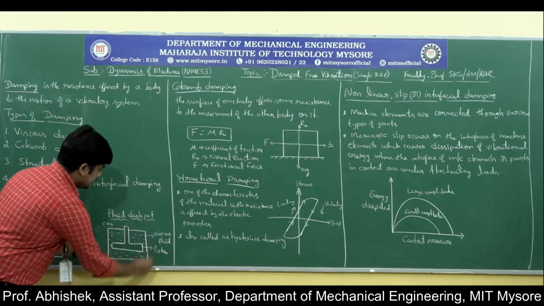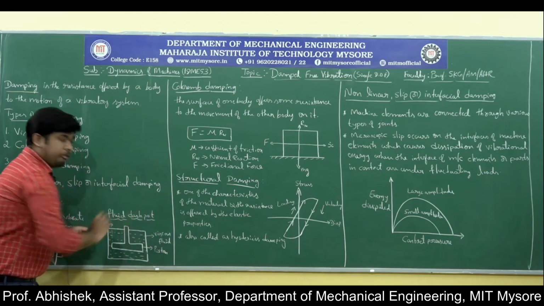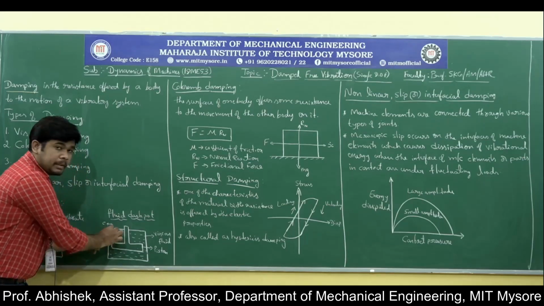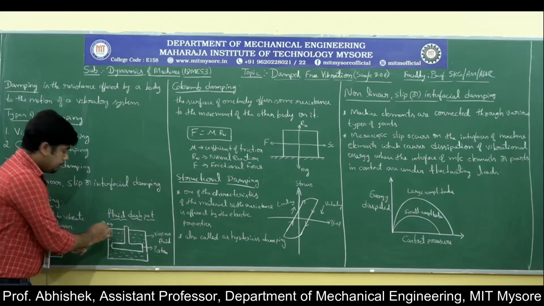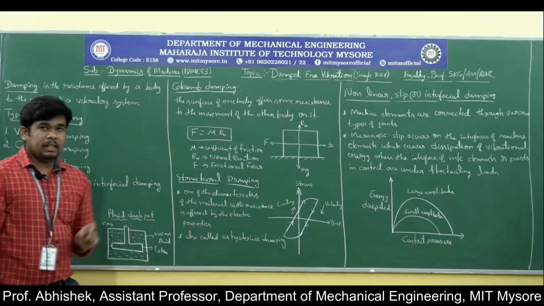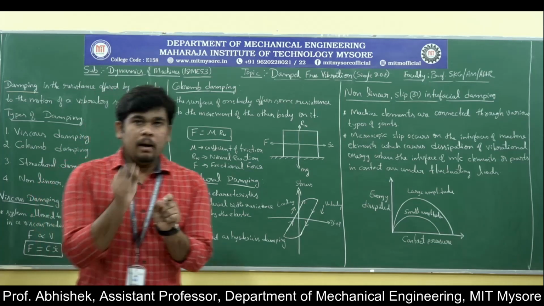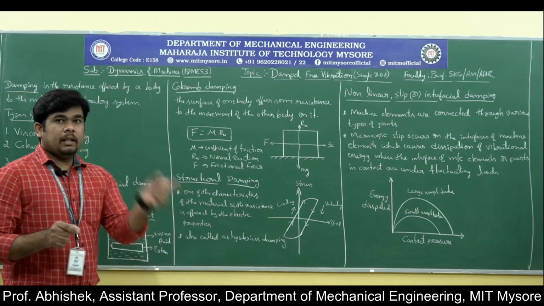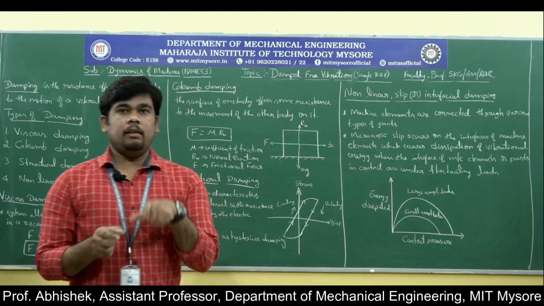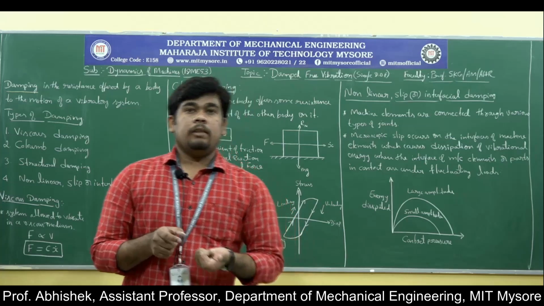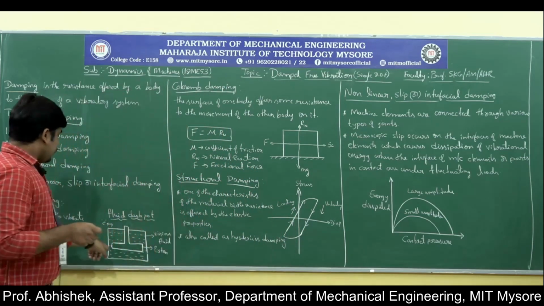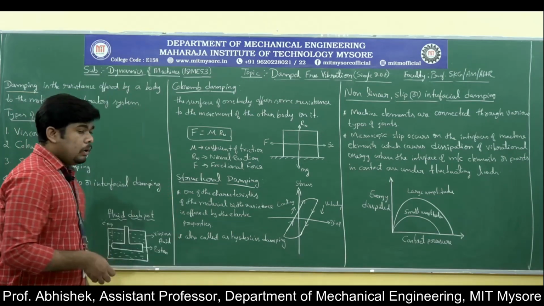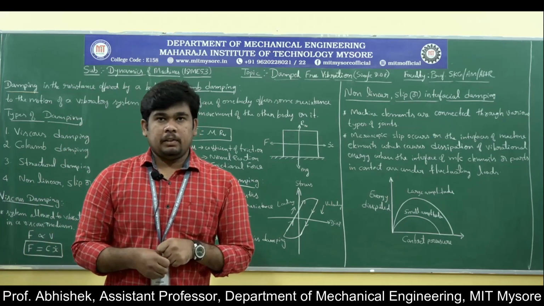So here this is the cylinder, this is the piston, and this is the viscous medium. The gap between the piston and the cylinder is represented by clearance e, small letter e. e is nothing but the clearance, the gap between the piston and the cylinder. If the clearance is more, then the velocity will be more. So this is one of the examples for the viscous damping. So this is about the viscous damping system.